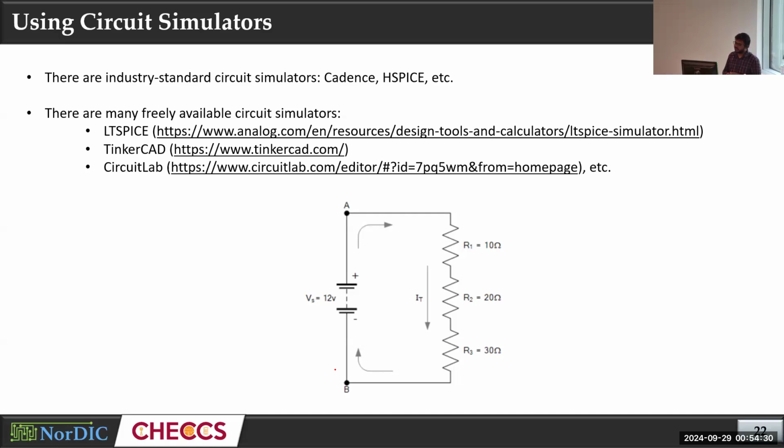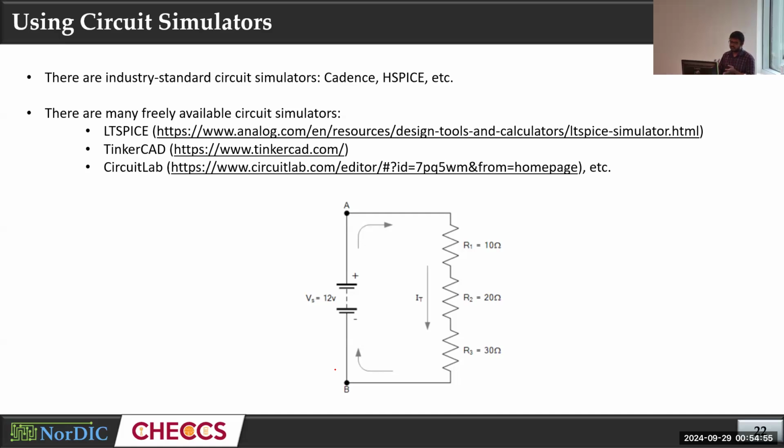So you will have some idea how to work on Cadence. These are not free, Cadence and HSPICE are industry standard tools. But we have some free tools like LTspice. SPICE is actually a family of tools that you can use for circuit simulation. HSPICE is the most powerful member of the family, and LTspice is one of the members. That's also powerful, but you can use it for free.